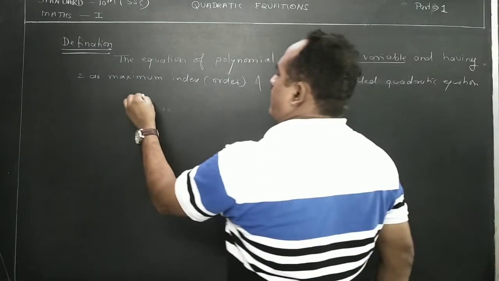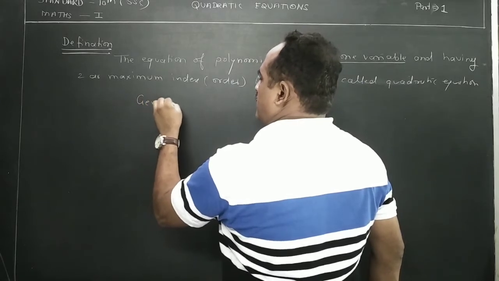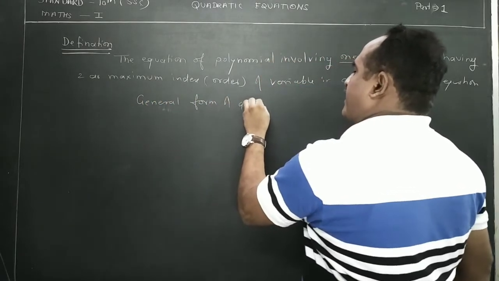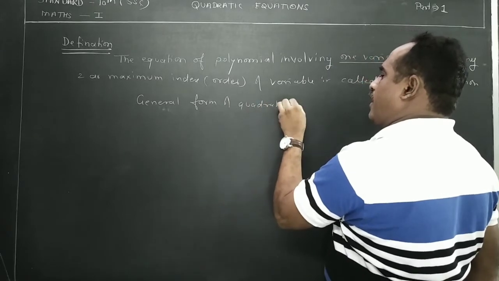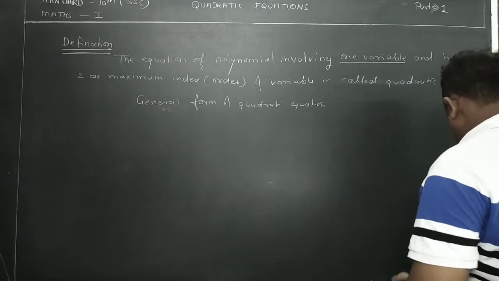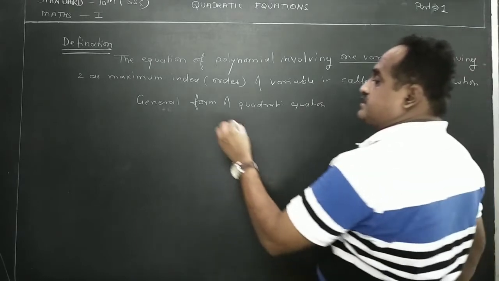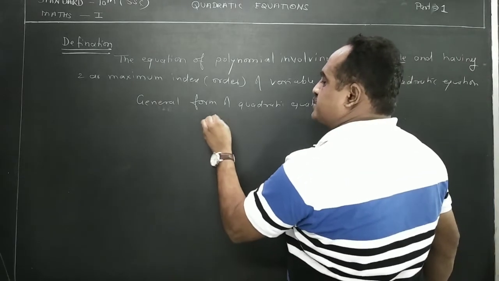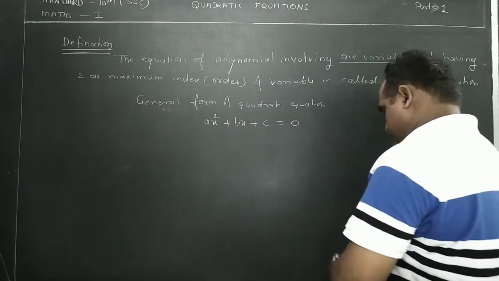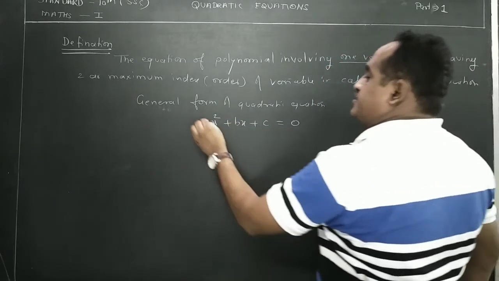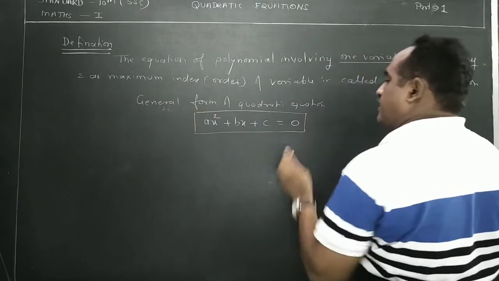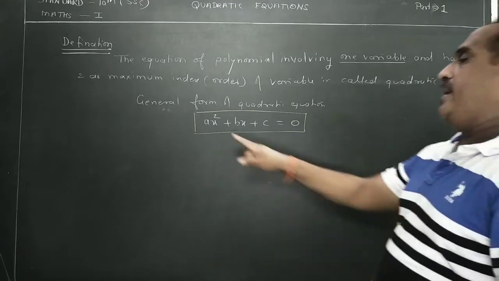Now, the general form of quadratic equation is ax square plus bx plus c is equal to 0, the general form of quadratic equation in variable x.